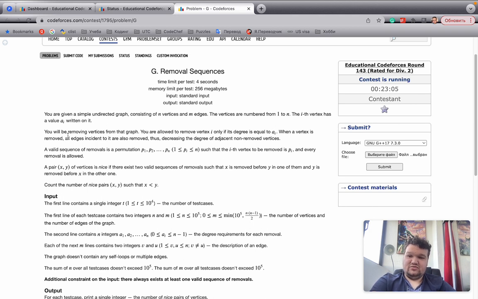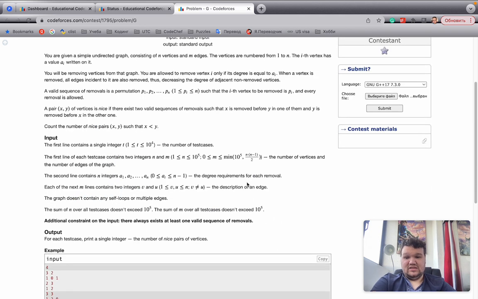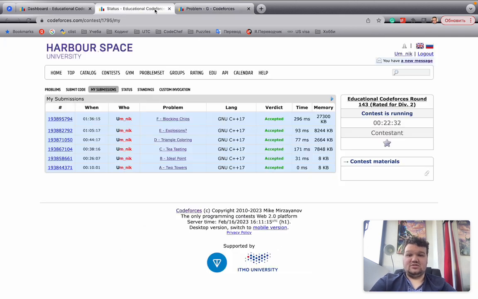When a vertex is removed, all its edges are also removed, thus decreasing the degree of adjacent vertices. A valid sequence is a permutation, like in which order we remove the vertices. A pair of vertices is nice if we can remove them in any relative order. Right? Count the number of nice pairs of vertices. Additional constraint on input: there always exists at least one valid sequence of removals.